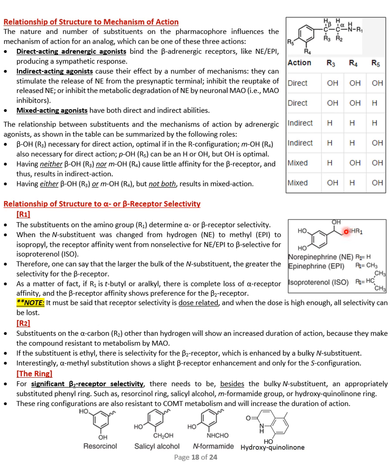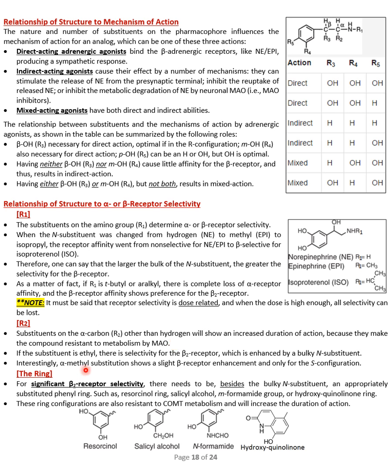In addition, the addition of an ethyl group here also enhances the selectivity to beta 2 receptors. So we could achieve two things by adding an ethyl group to the C alpha here. By having an R2 equal to an ethyl group, you could enhance the beta 2 selectivity as well as protect the drug from being metabolized by the MAO, so it would have a longer duration of action.